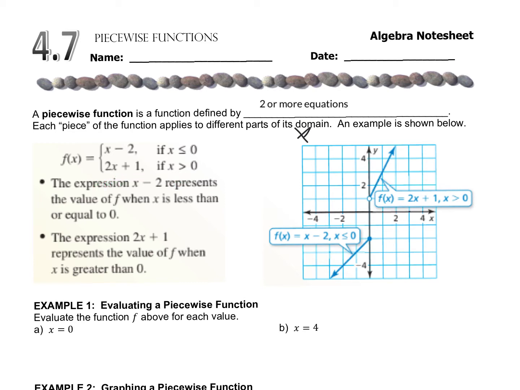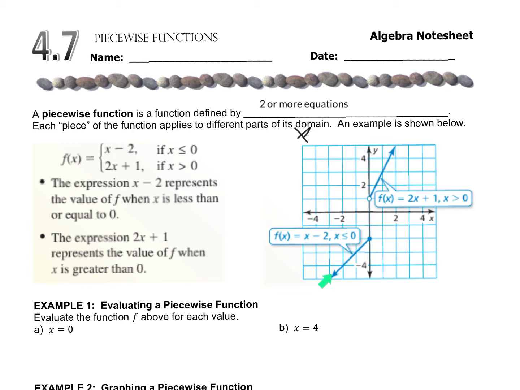So it's important to figure that out before we start looking at the graphs or how to make those. But basically, looking over here at this picture, this is the piece that is the less than or equal to 0. And I know that because, remember, our domain are the x values. So when x is 0 or anything that's less, this is the equation that is active.